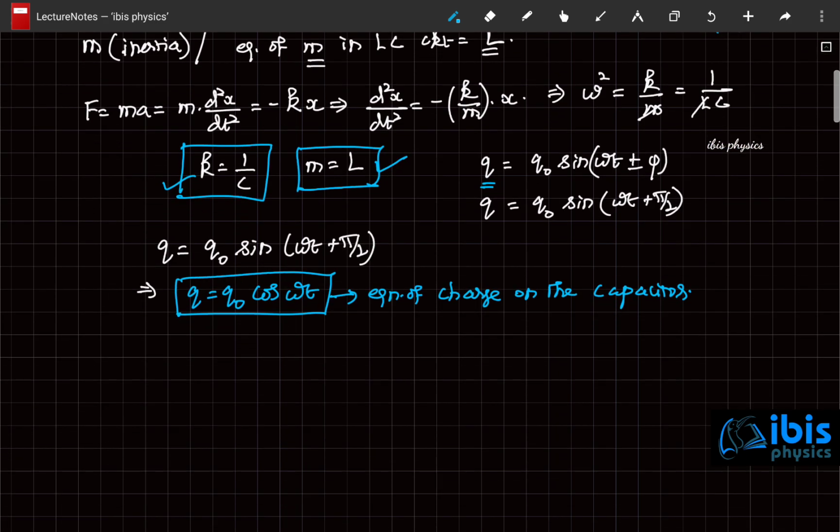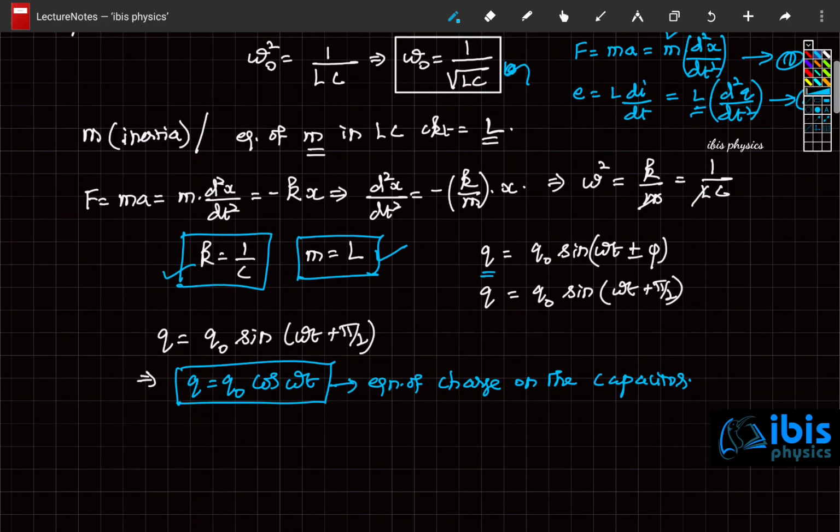So remember: electrical displacement is q, electrical inertia is L, and the equivalent force constant in an electrical circuit is 1 by C.